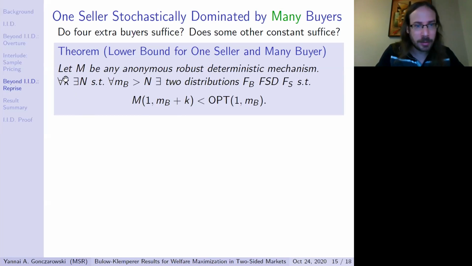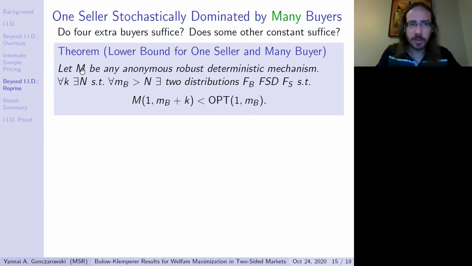For any number of buyers k that you would imagine may suffice to add, there exists a number big N such that if you have more buyers than big N, there exist 2 distributions, FB and FS, with stochastic dominance such that adding k does not suffice.